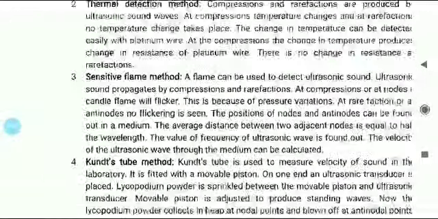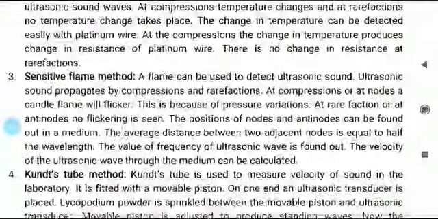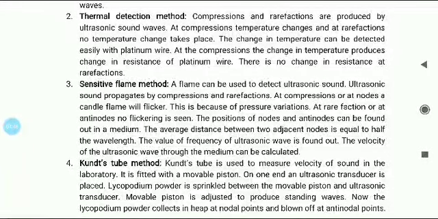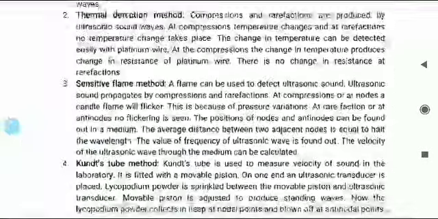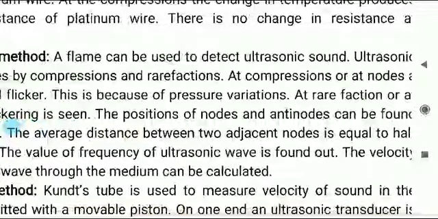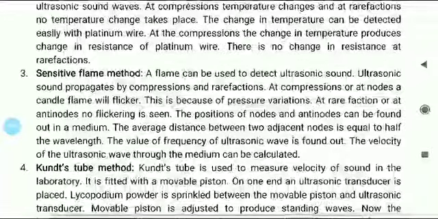At compression, a flame that you keep will flicker, mainly because pressure is high. So you can find out the position of nodes and antinodes easily with respect to flickering of the flame. When the flame flickers frequently, that is compression. When the flame is not flickering, it is rarefaction.